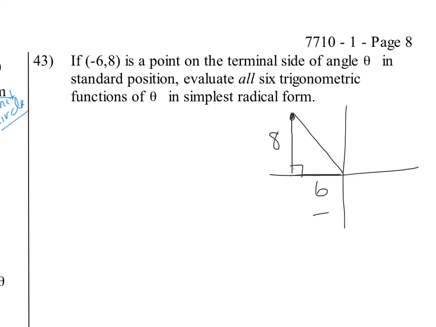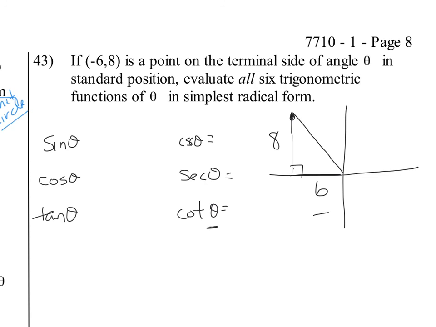Okay, so then we have to figure out this third side because we need to find sine, cosecant, cosine, secant, tangent, and cotangent. Okay, and make sure you have these thetas. Math teachers get very angry when you don't have the theta. The theta is right here, always with the x-axis.